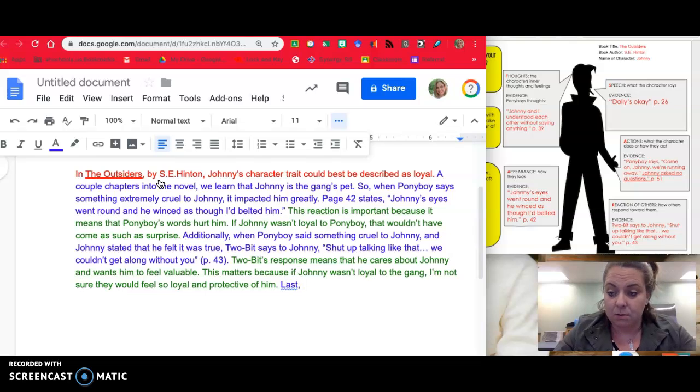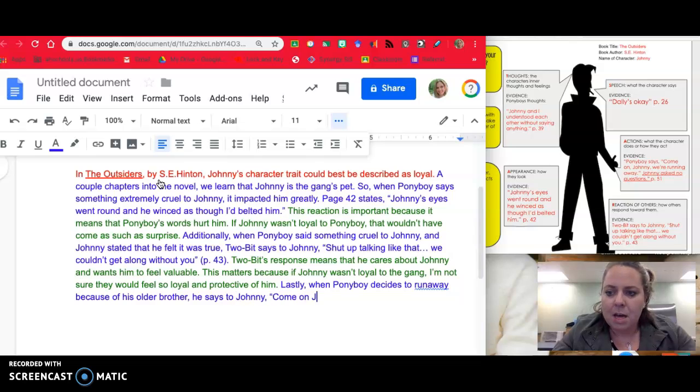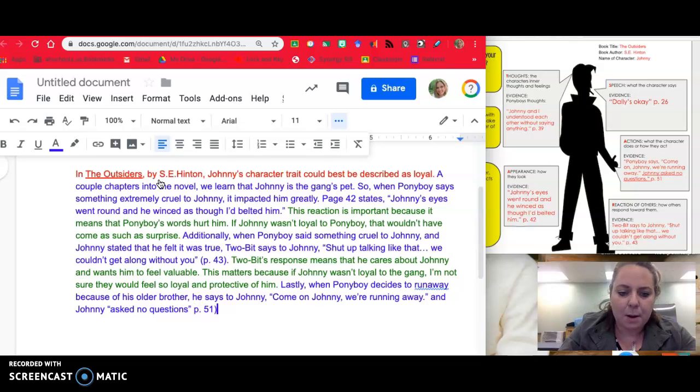I can say lastly, when Ponyboy decides to run away because of his older brother, he says to Johnny, come on, Johnny, we're running away. And Johnny asked no questions. Page 51.